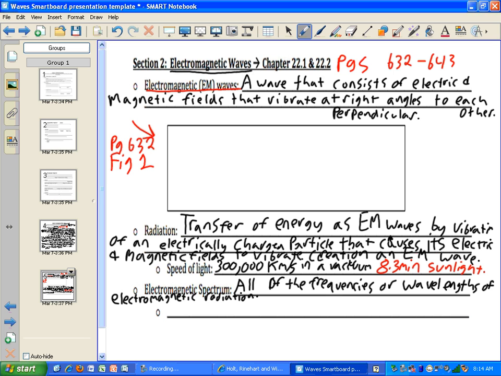All right? So it categorizes them based on their frequencies and wavelengths.